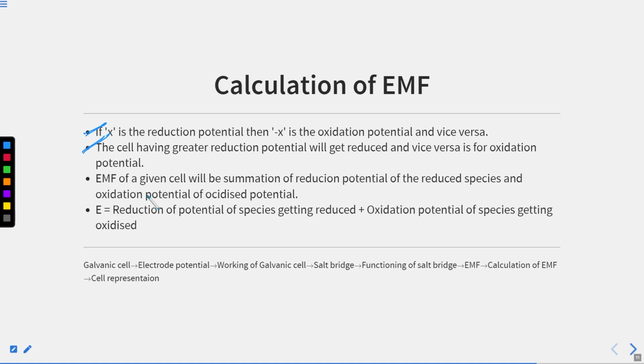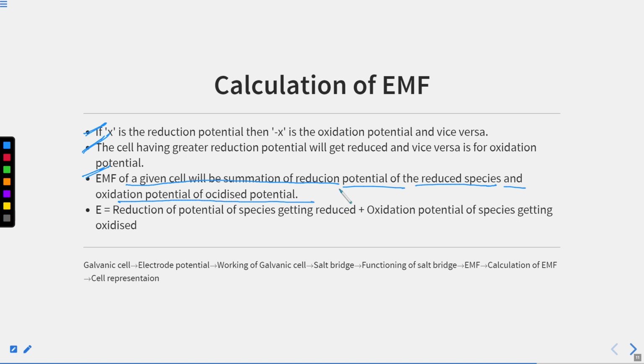Now suppose one is getting oxidized, so we will take its oxidation potential, and the other one is getting reduced, so we will take the reduction potential. We will add both of these, and the answer we get will be the EMF of that cell, or the potential of that cell. So the EMF of a cell will be the summation of the reduction potential of the reduced species and the oxidation potential of the oxidized species.